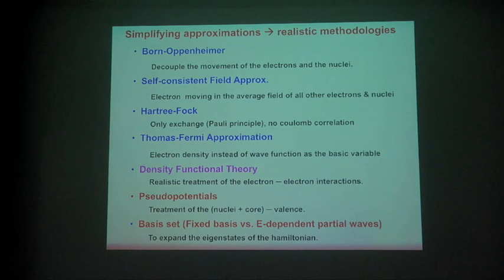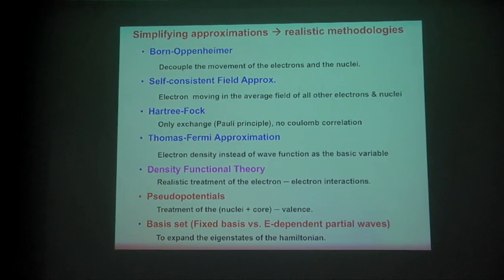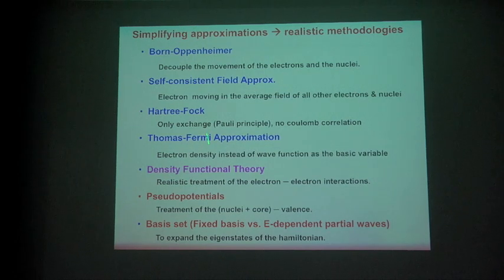Now, in order to solve this electronic part of the Hamiltonian, there are so many simplifying approximations. Of course, to start with, the Born-Oppenheimer approximation, then Manoj has very elaborately discussed the self-consistent field approximation, the Hartree-Fock approximation, and he touched upon the Thomas-Fermi approximation, even though because of lack of time he could not deal with the details, but this is a very important development.